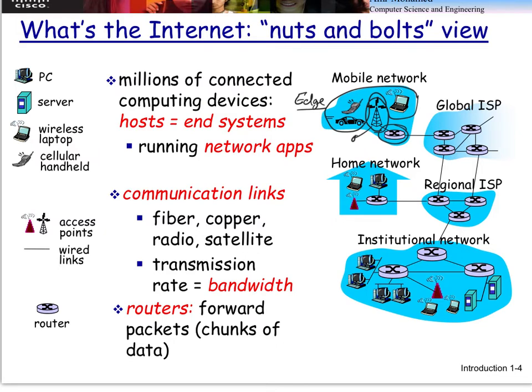So from a hardware perspective, you have the end systems, you have the communication links, and you have routers and switches. The communication links, as you are all familiar with, can be cables, either fiber optics, coaxial, or wireless.